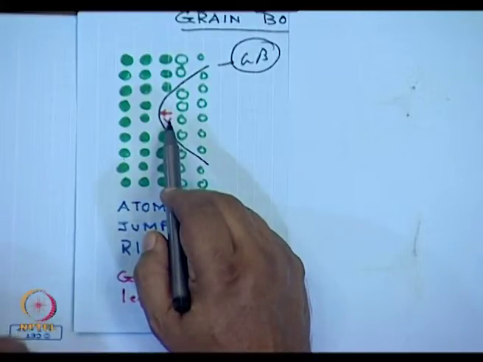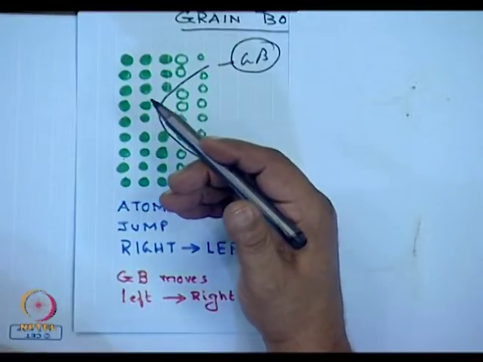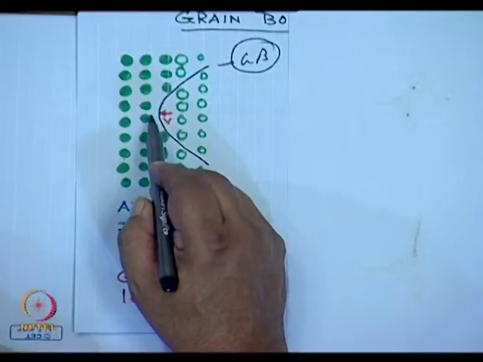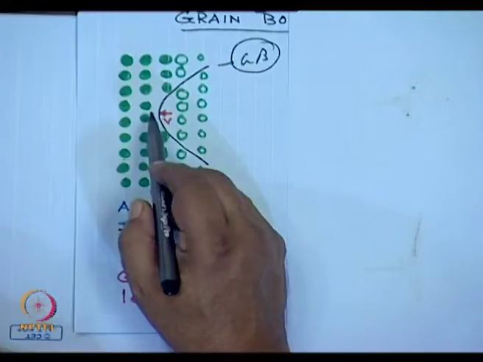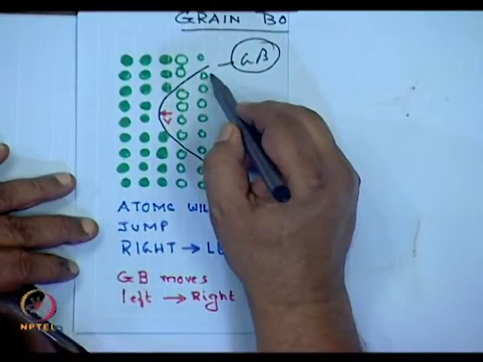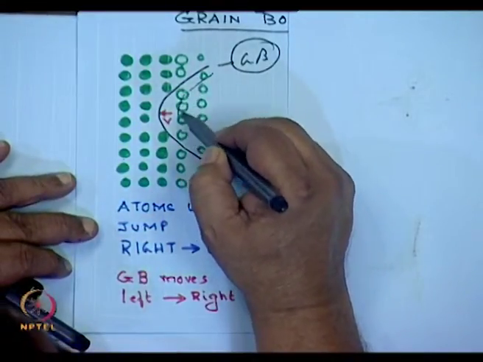The only way this vacancy can move, that is, if you are heating a material, the vacancy will move. In which direction will it move? It will move in this direction, and the grain boundary shall move left to right.